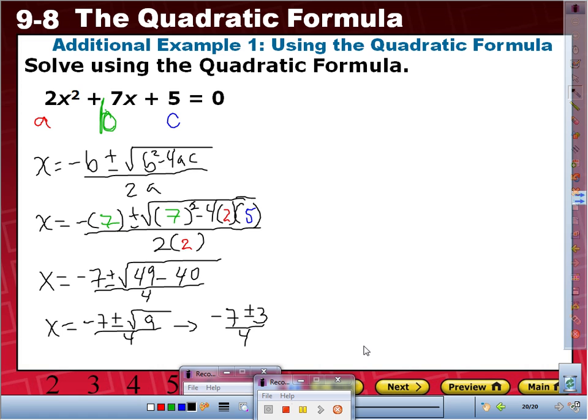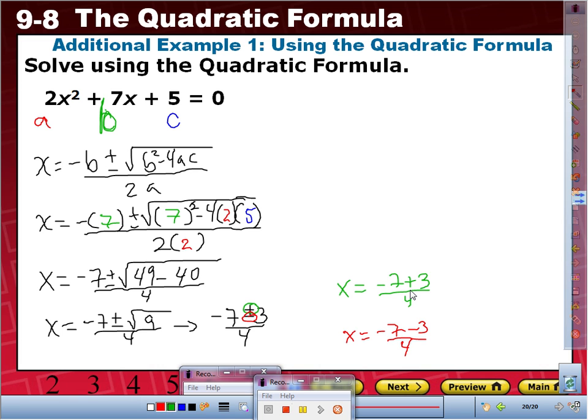Okay? At that point, can we simplify that anymore? No. So we get our two equations, one for our negative, one for our positive. So I write x equals minus 7 plus 3 over 4. And the other one is x equals minus 7 minus 3 over 4.